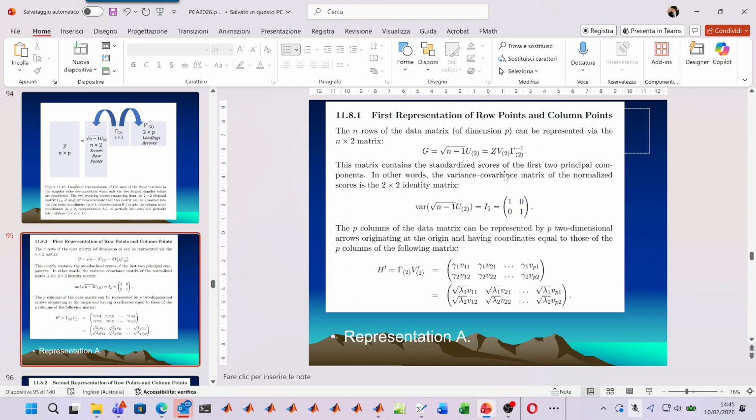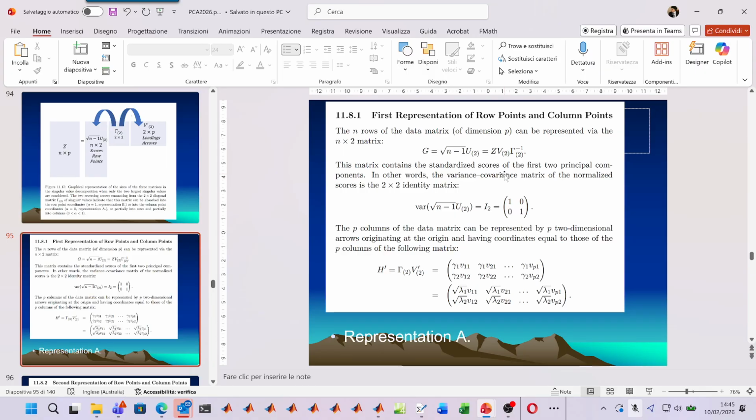Therefore, if we write the first representation of row points, this thing here can be represented as G times H prime, the product of two matrices. But here there are three matrices. I just write it as the product of two.